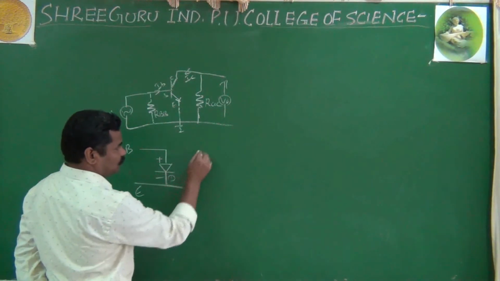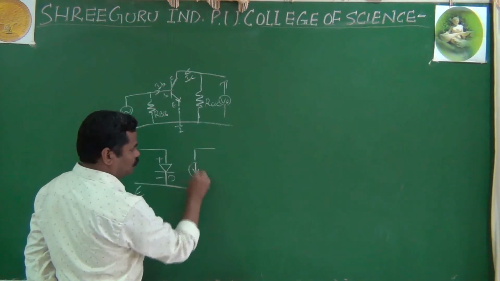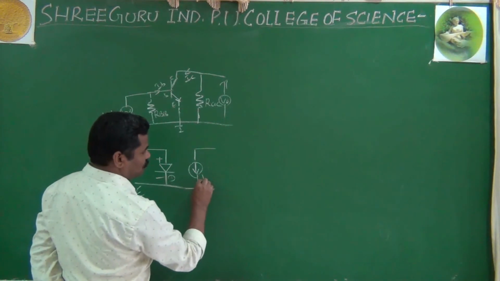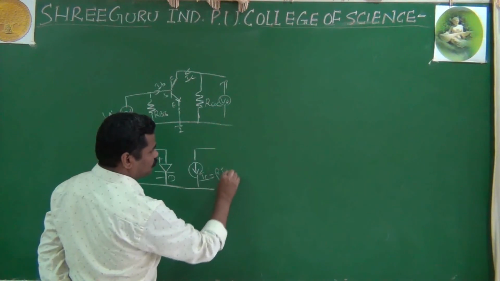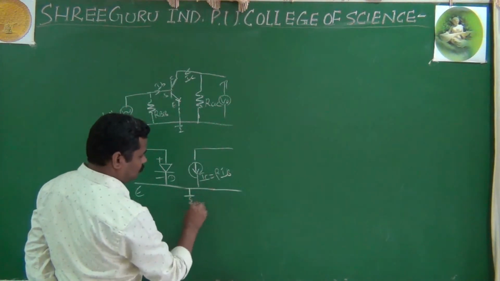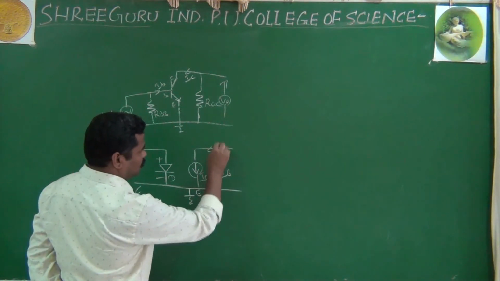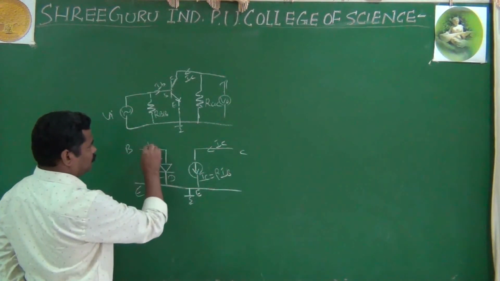Also on the output side, your transistor acts as a constant current source, IC is equal to beta into IB. This is your emitter, this is your collector, IC, and this is your IB.